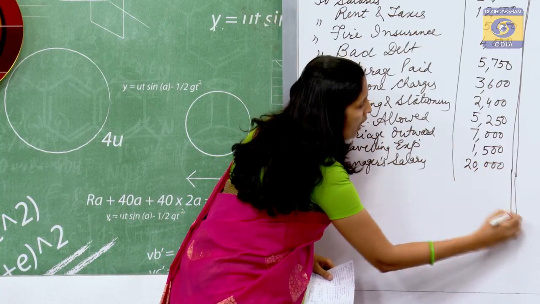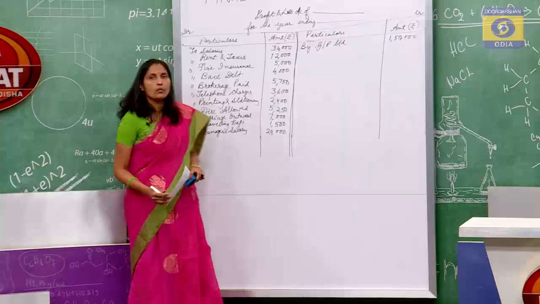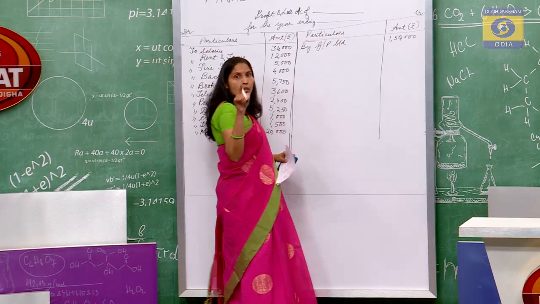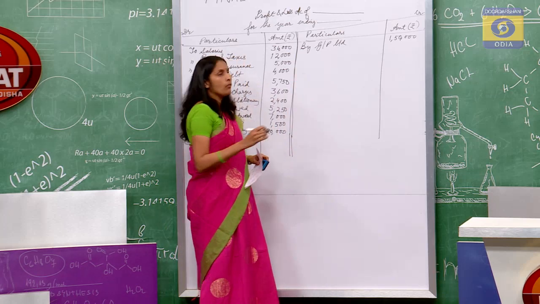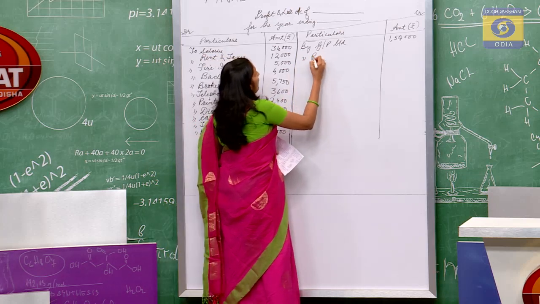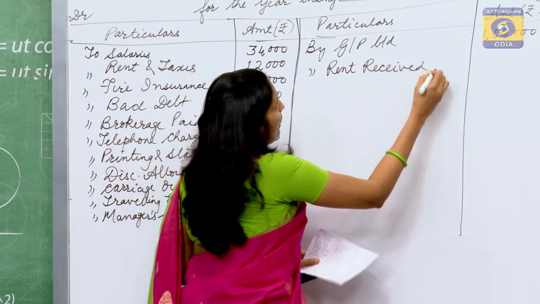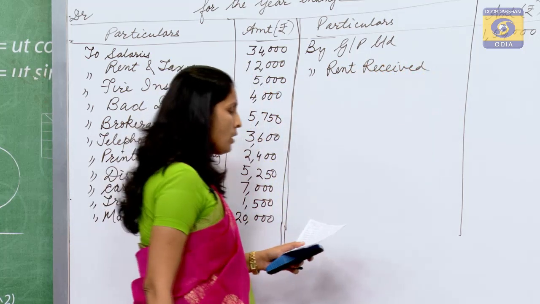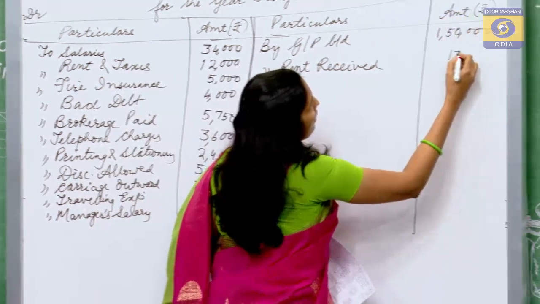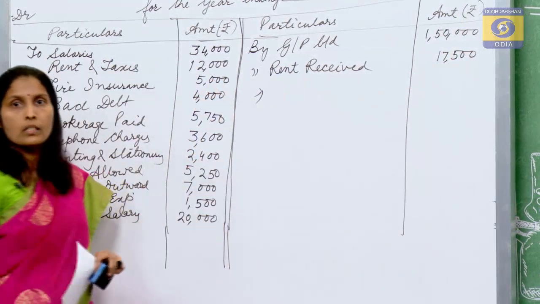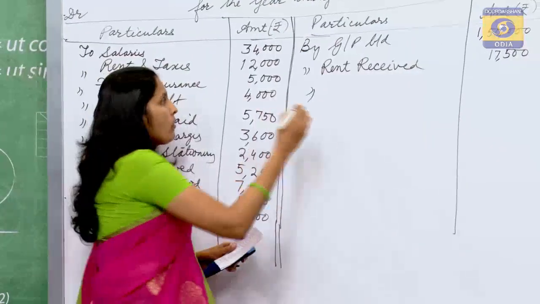So, let us now go to the credit side and see what are the items that will fall on the credit side. The first item there is rent received. The amount of rent received given to us is 17,500. The next item we have is interest received.